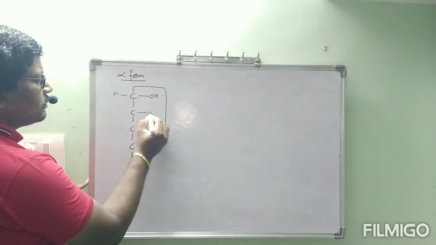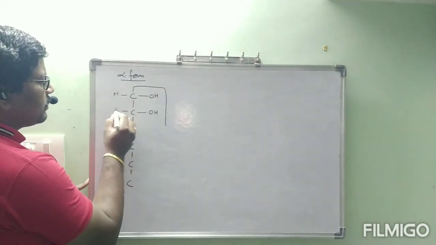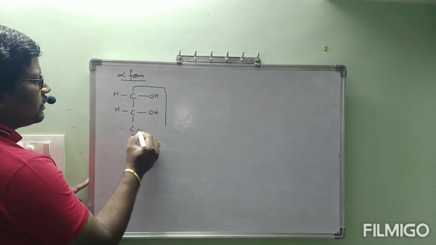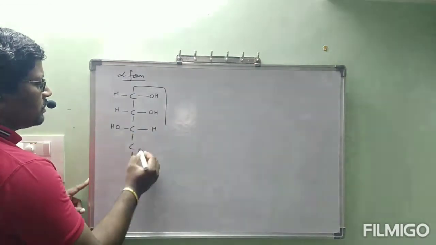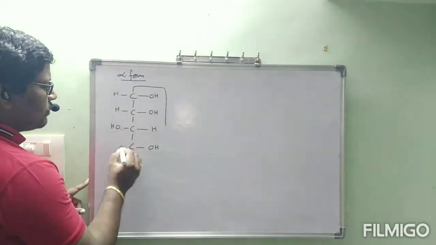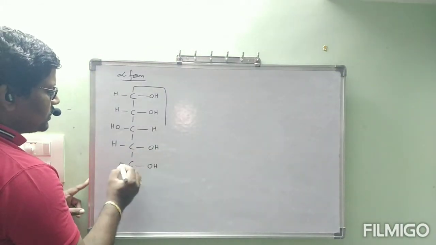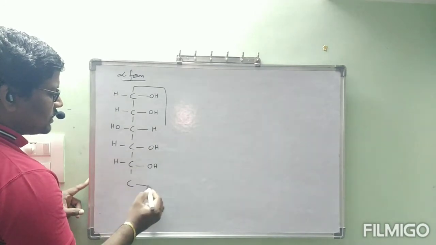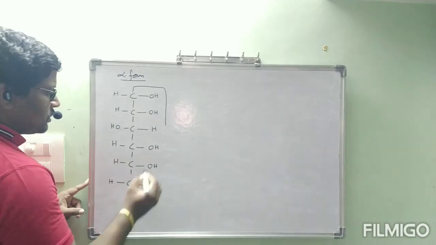Second carbon: OH on the right side, H on the left side. Third carbon: H, OH. Fourth carbon: OH, H. Fifth carbon: OH, H. Sixth carbon: OH, H, H.